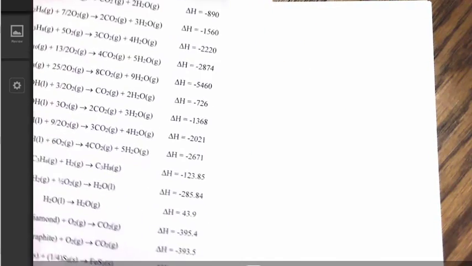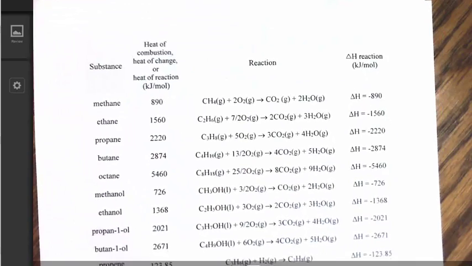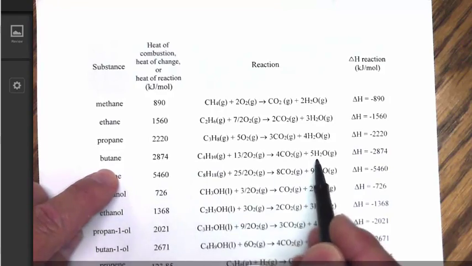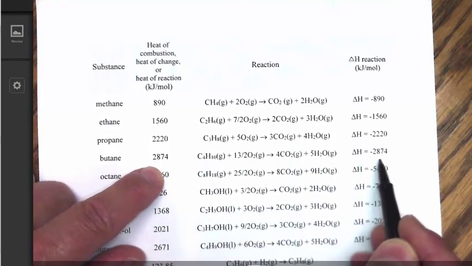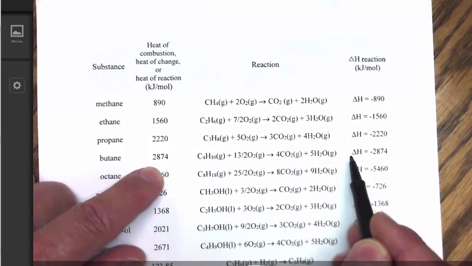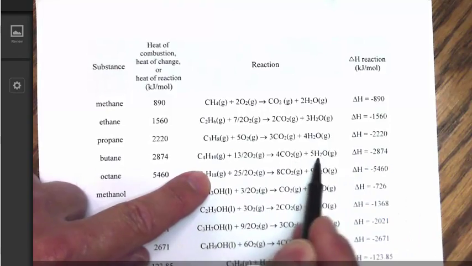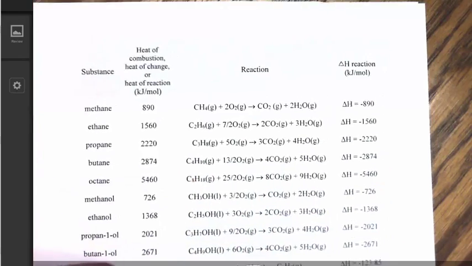So, if we have butane, we're going to look on this chart and find that butane is right here. Here is the equation. Here is the heat of combustion produced. This is the heat of combustion change, or given, lost, if you will, by these reactants when they become these products.